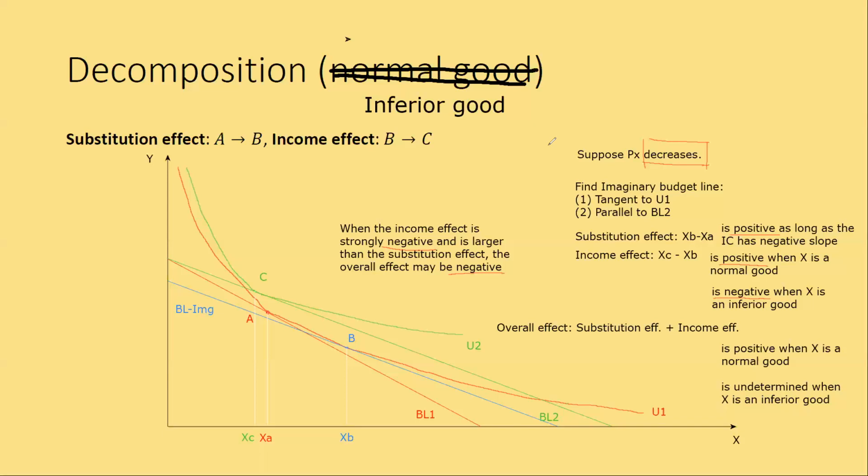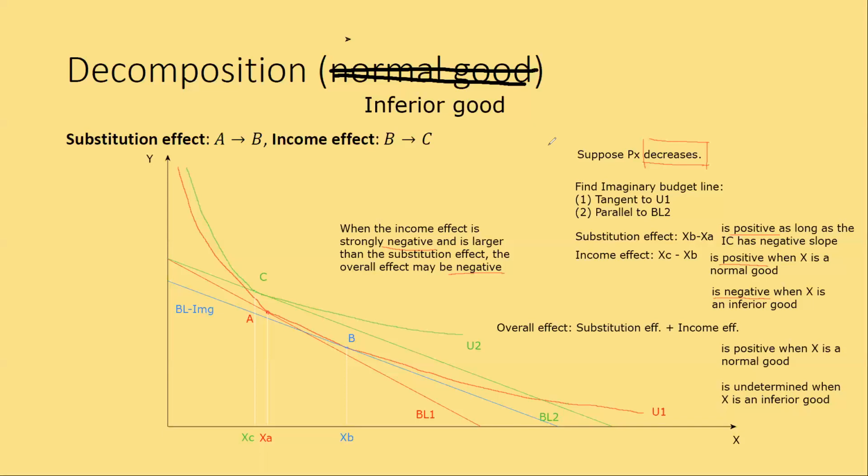On the graph, this is the blue line that we draw. The point at which this imaginary budget line is tangent to U1 is point B, the intermediate optimal bundle.